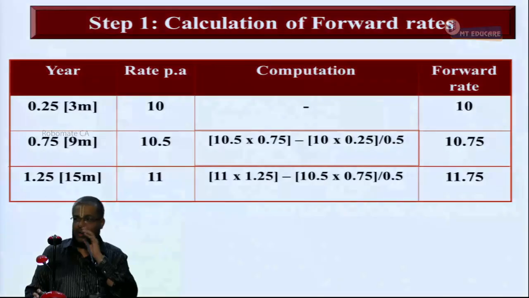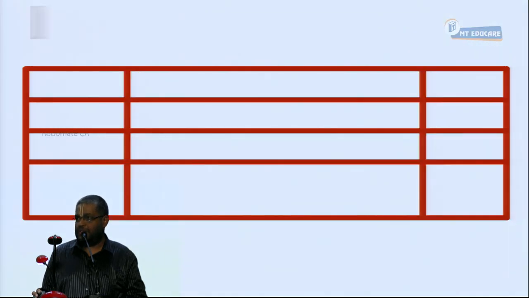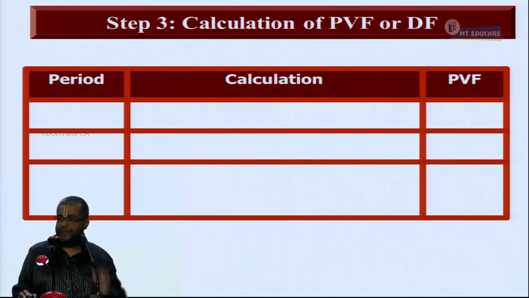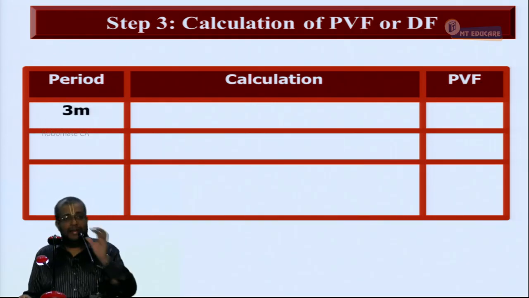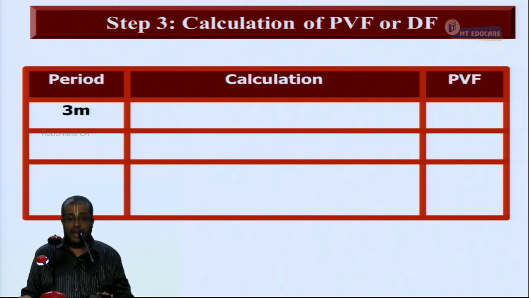That means you should help me in calculating the present value factor. Step 2: write down present value factors. Have I given you space to write the calculation? First, the 3 months LIBOR is how much percent? 10%.